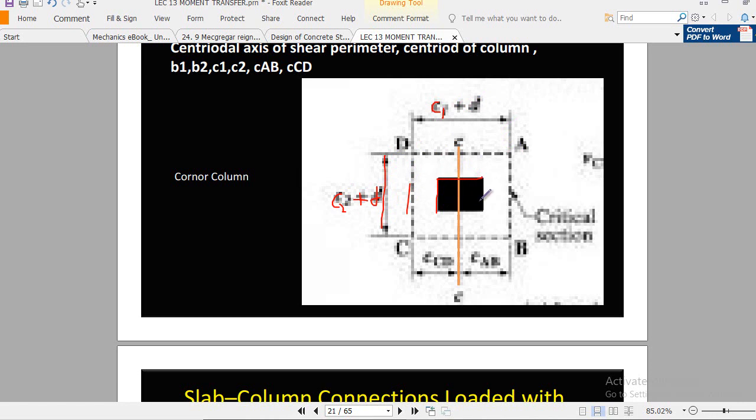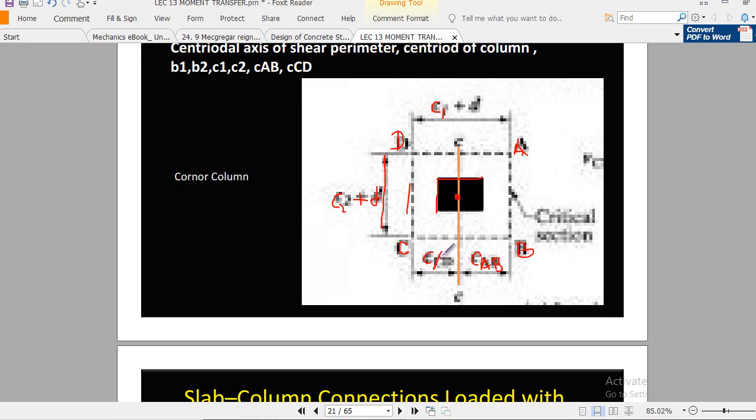But in the interior column, it is assumed that the centroid of the column coincides with the centroid of the shear perimeter. So that is why we don't need to look at Z1, Z2. Similarly, you see here that this is face C and this is face B, and this is face A and this is face D. Now this is CAB, and CAB and CCD will in this case be the same, they will remain the same.